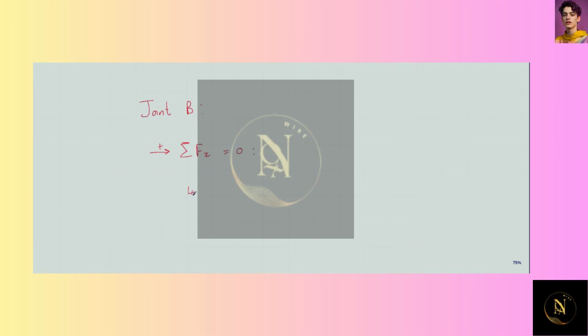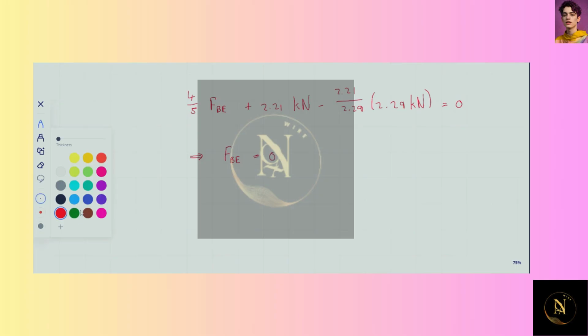And this gives us 4 over 5 FBE plus 2.21 kilonewtons minus 2.21 over 2.29 into 2.29 kilonewtons, and this must equal 0. So from here we can see that FBE must equal 0.